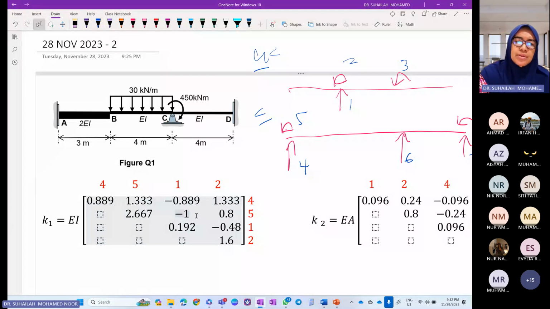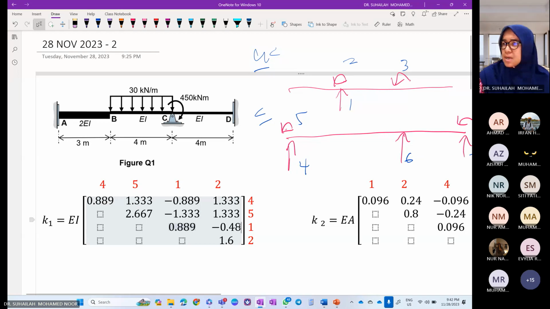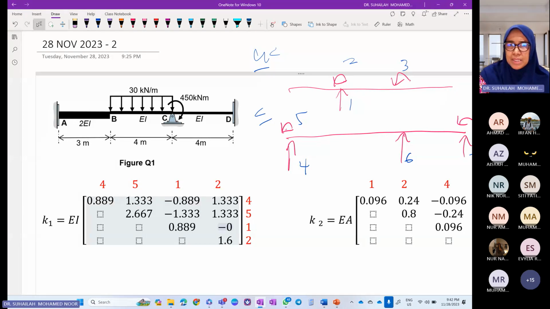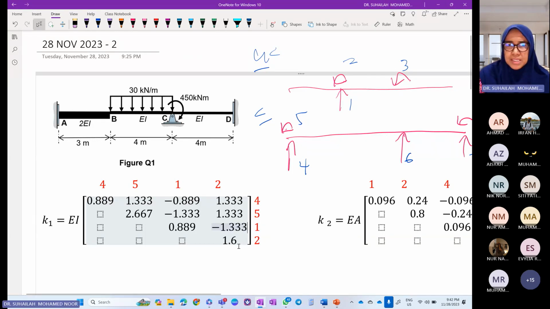Negative 1.333, and then 1.333. Next values are 0.889, negative 1.333, and 2.667. Okay, that is K1.